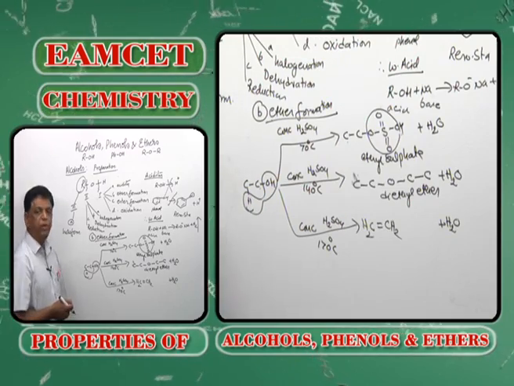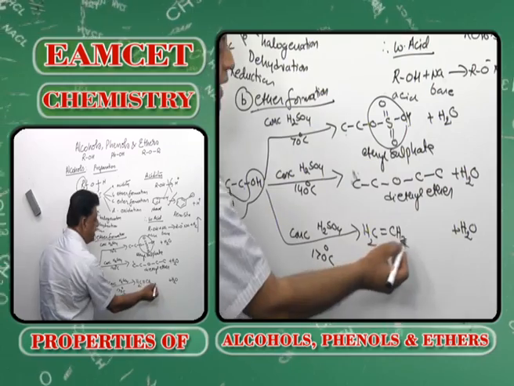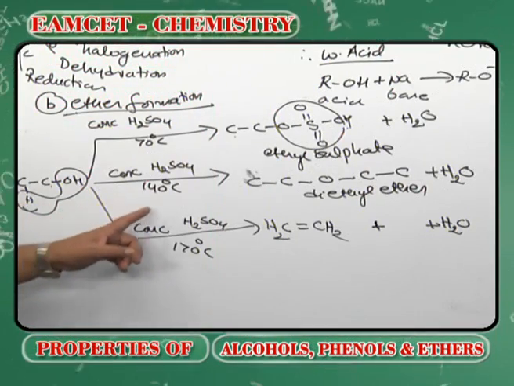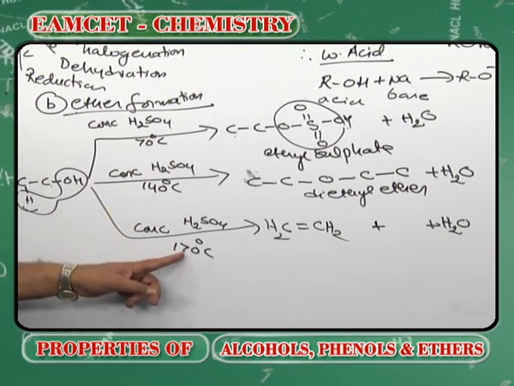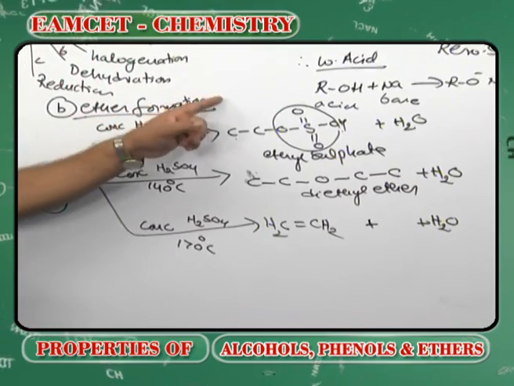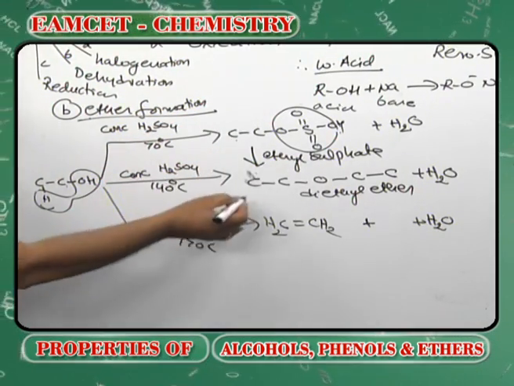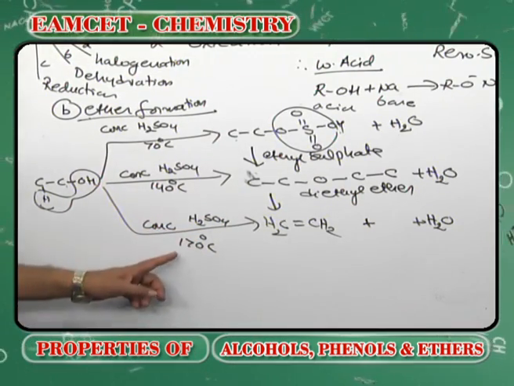However, we have a small confusion also. If you want to prepare ethylene, the method is to take alcohol, add sulfuric acid, and heat it to 170. But can you heat to 170 all of a sudden? No, we have to go through 70. Then further heating will come to 140, and further heating will come to 170. All of a sudden 170 will not come.